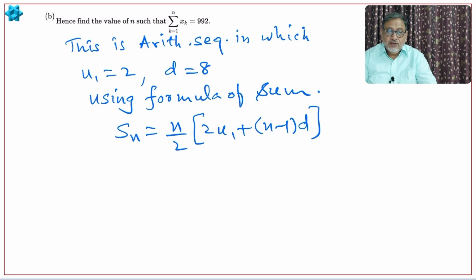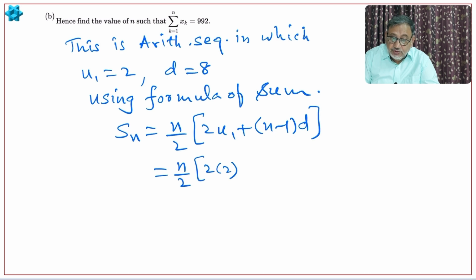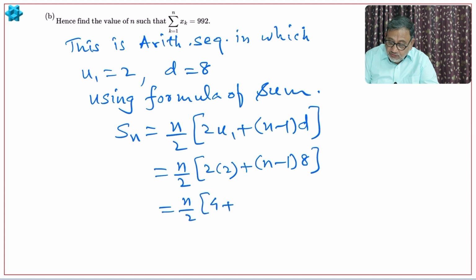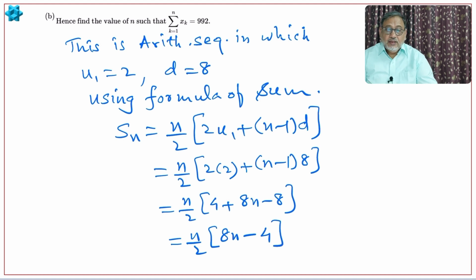So I have to find sigma k, but here n by 2, u1 is what? 2 into 2, right? Plus n minus 1 d is 8. So when I simplify n by 2, 4 plus 8n minus 8. So n by 2, 8n minus 4. Okay, 8n minus 4.